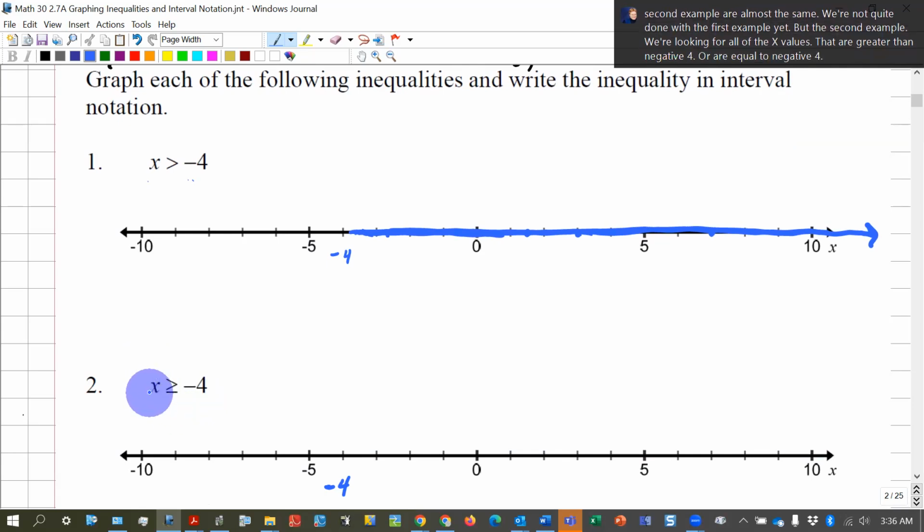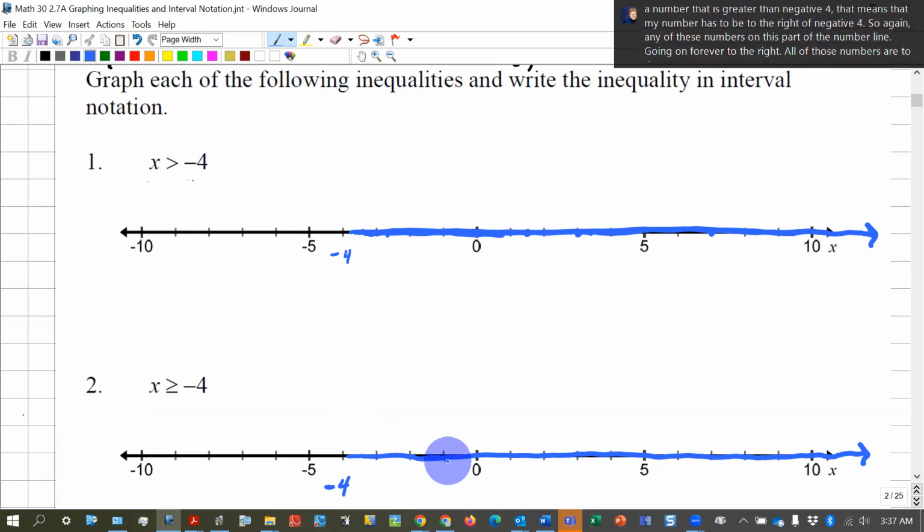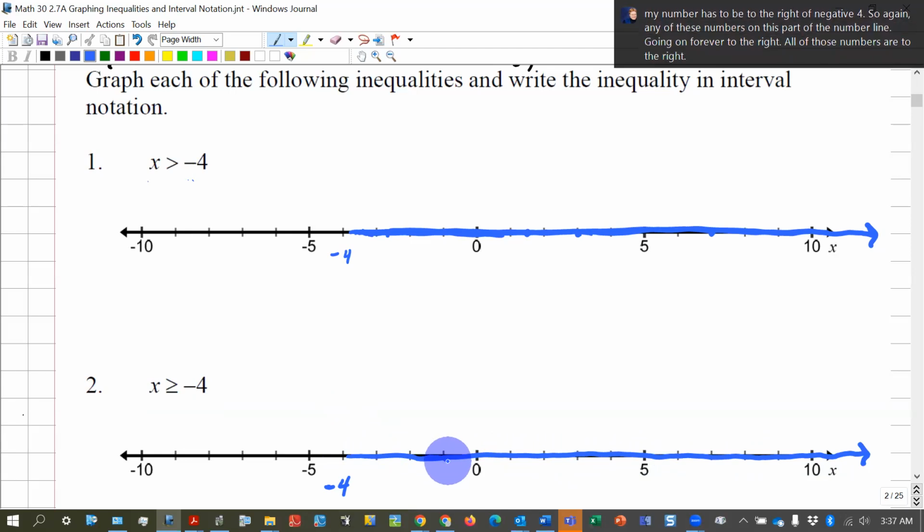And if I'm thinking of a number that is greater than negative 4, that means that my number has to be to the right of negative 4. So again, any of these numbers on this part of the number line going on forever to the right, all of those numbers are to the right of negative 4.